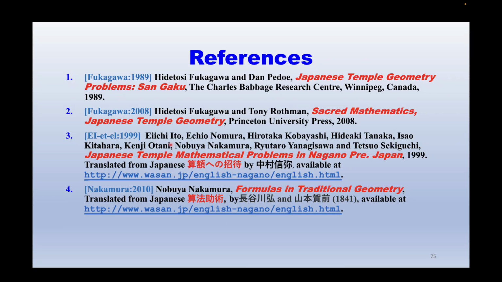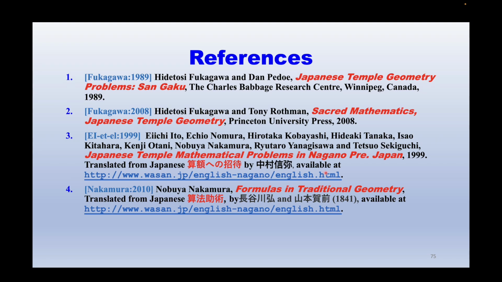So, these problems are taken from these 4 references. This one is the first one, Fukagawa's book. And then a more comprehensive book, talking about history and so on, was published in 2008. And references 3 and 4 can be found on this Japanese site, but it has an English site as well.